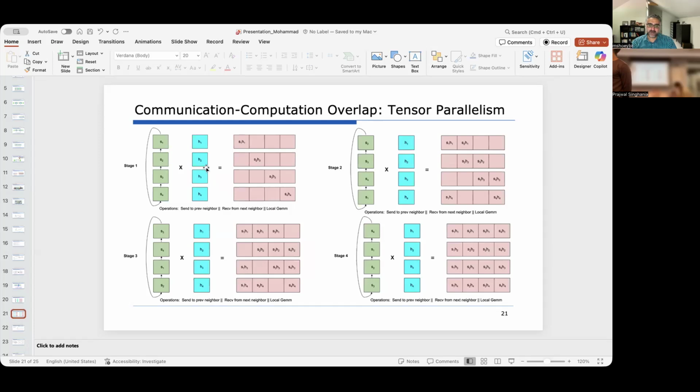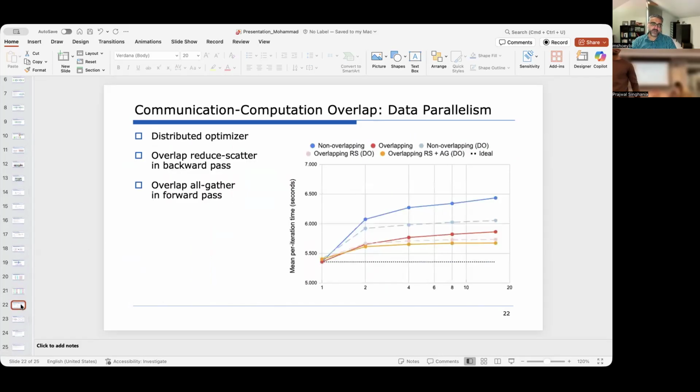This way, you go through 4 stages, you chunk them between, then you do the multiplication, and at the end, this is how you fill your matrix. So this is another way to do the tensor parallelism. This is the second dimension of parallelism that we can do overlap with. And then the third way is also data parallelism overlap. Data parallelism uses an all-reduce, which you can break into a reduce scatter and all gather as well.